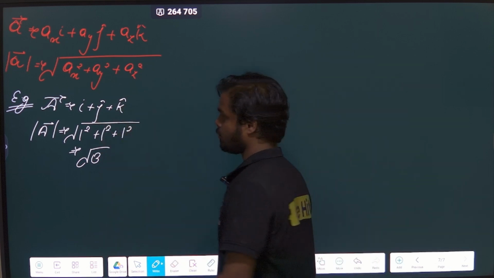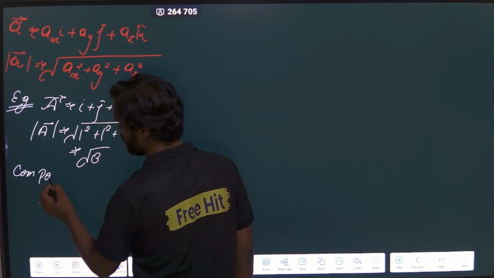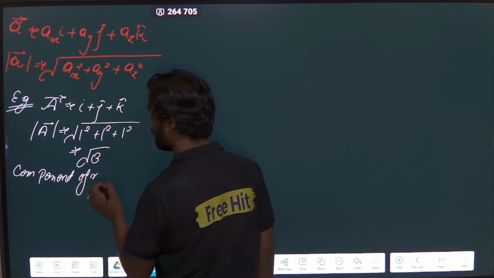So here if I ask you what is the component of x, what is the component of y in this above vector?